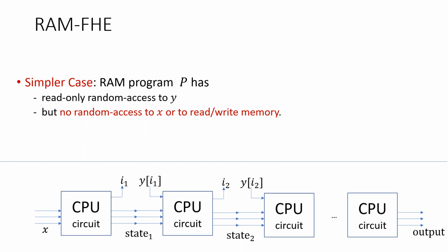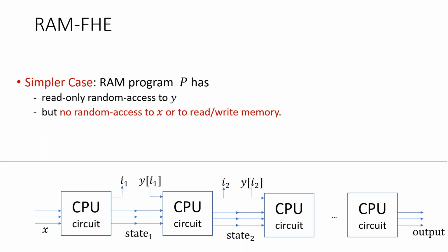And all this is plaintext computation. The CPU step just wants to read some location I from the large long input of Y. And that's the only random access we allow in this simpler case.